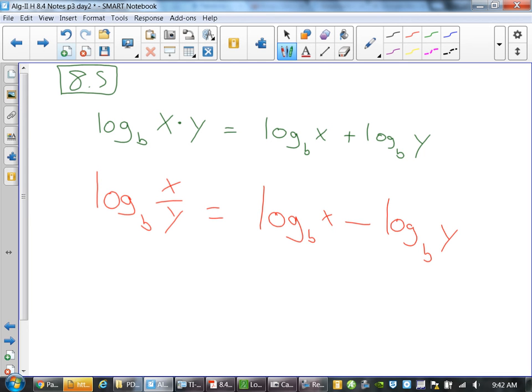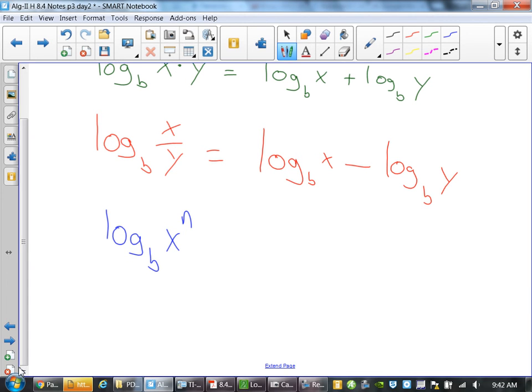And then the last one is an exponent rule. Whenever you have the log base b of x to the nth power, in order to break that apart, you take the exponent in front of the logarithm.